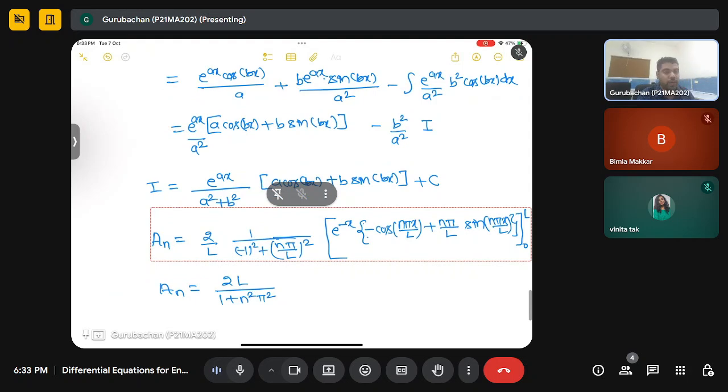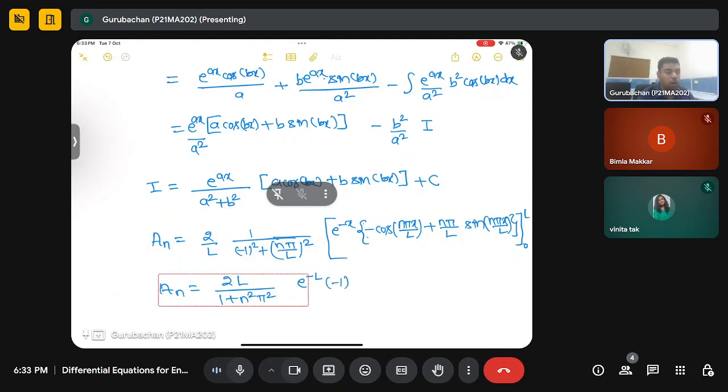While putting L, you will get e to the power minus L. This cos will give you cos L and cos n pi, that will be -1 to the power n with negative sign, then minus sin L n pi is 0, so we will ignore it. While putting 0, this will give you minus e to the power 0, that is 1, and again sin 0 is 0.